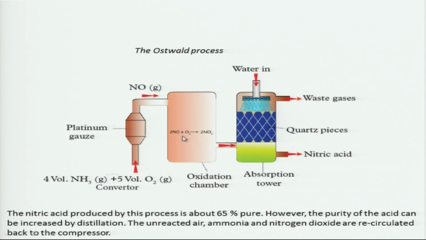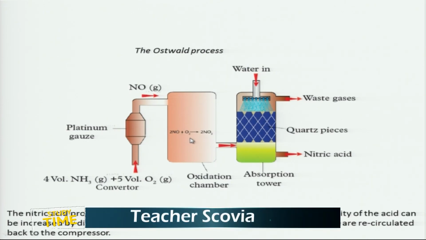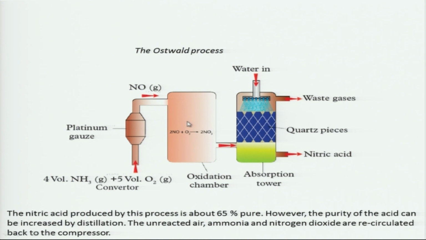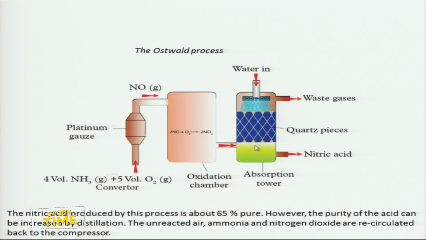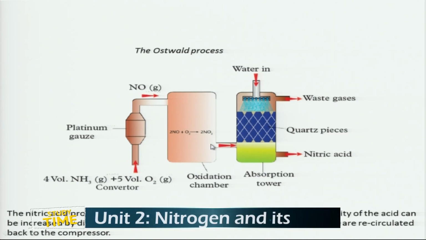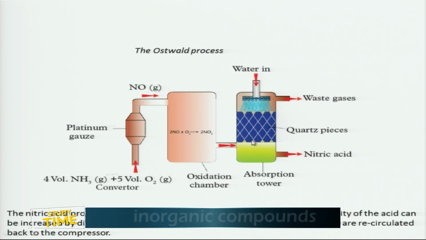The nitrogen monoxide goes into an oxidation chamber, where more oxygen is added, and forms nitrogen dioxide. The nitrogen dioxide is added with water. You remember we get nitrous acid and nitric acid, but oxygen is added in excess, so even the nitrous acid is converted into nitric acid.